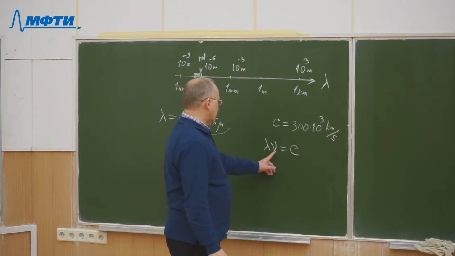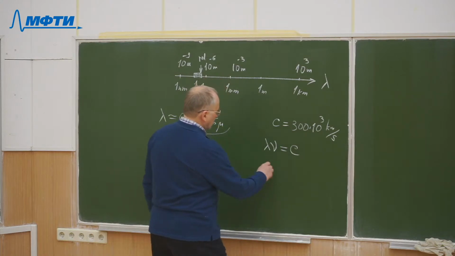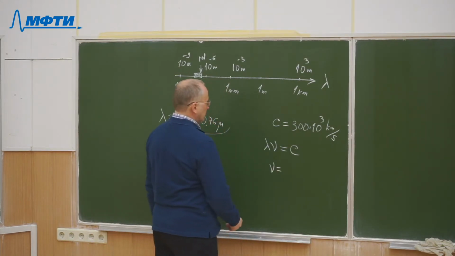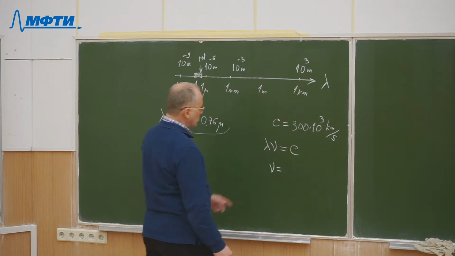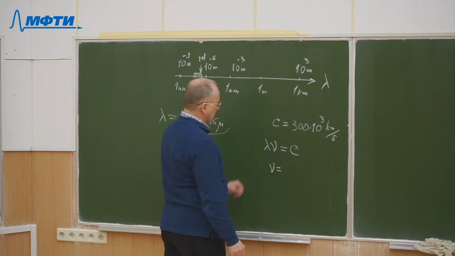The frequency is the number of wavelengths which go in 1 second if the light propagates in vacuum. From this relationship, we can easily obtain the frequency of any electromagnetic radiation if we know the speed of propagation in vacuum and the wavelength.